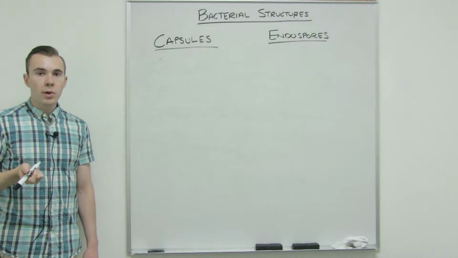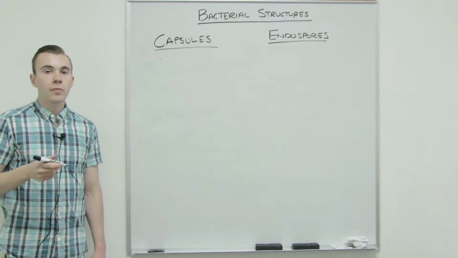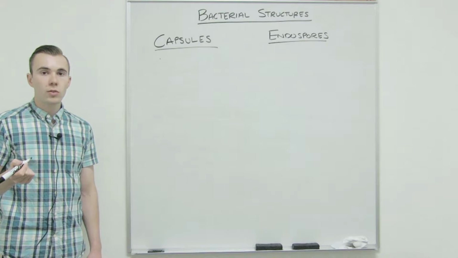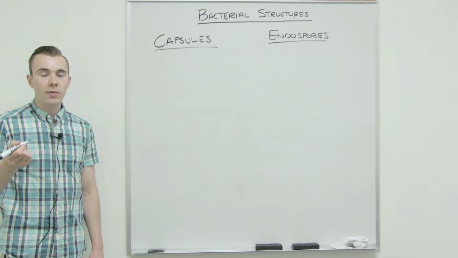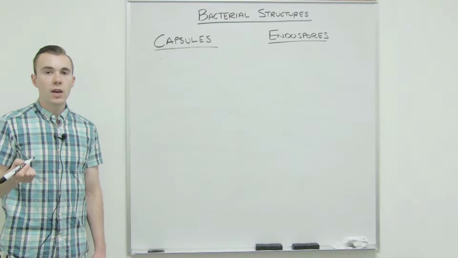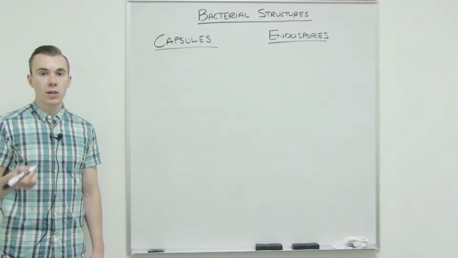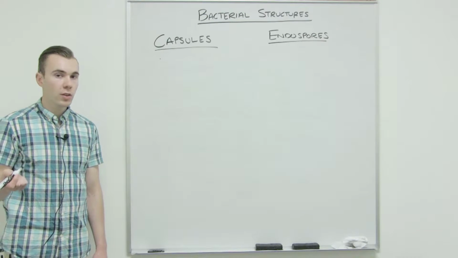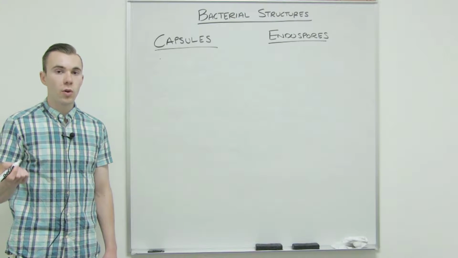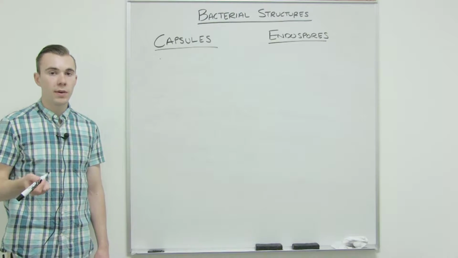The reason I want to compare and contrast these two structures is because they have the same generalized function, which is protection. However, the protection that they are used for differs based upon the environment.